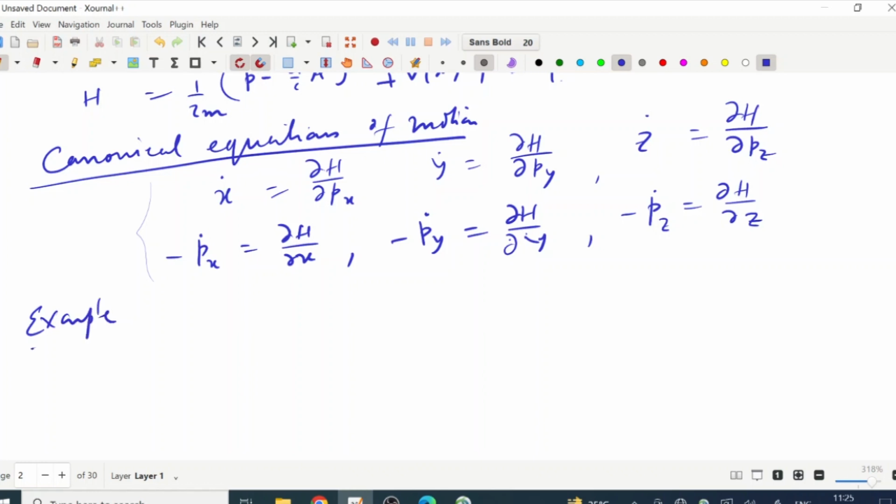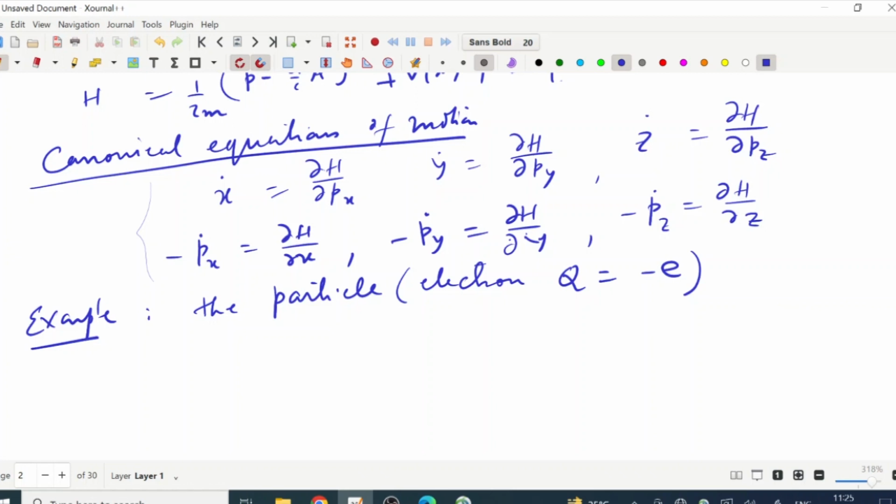So, example, let us consider a particle, or maybe the electron. So, for electron Q is minus e, okay. Electron has negative charge.